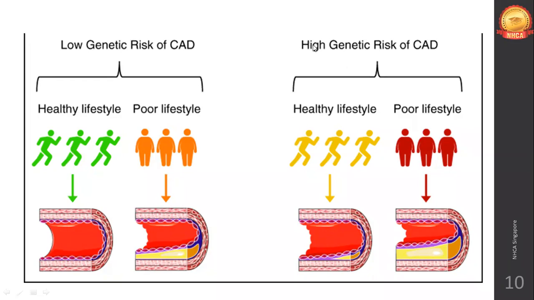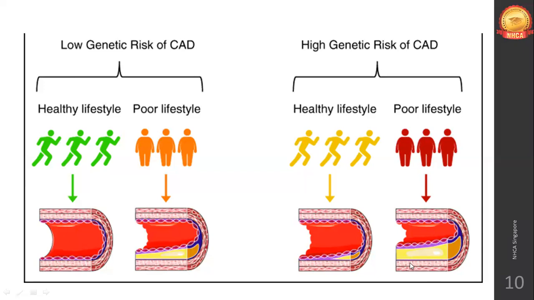So people who have a high risk of coronary artery disease based on family history, when they follow a healthy lifestyle, still, based on the genetics, they will have a natural inclination of accumulating plaque inside their arteries. And definitely if they have a poor lifestyle, they will fall in the high risk zone.